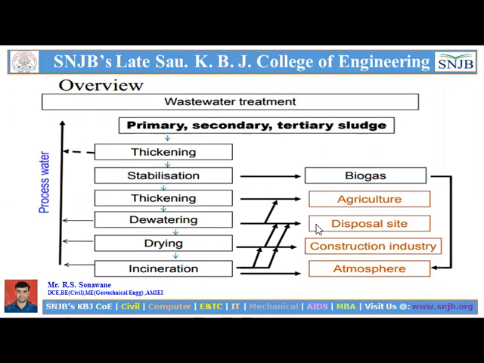The sludge treatment procedure consists of thickening, stabilization, dewatering, then drying, and incineration. Stabilization gives biogas, and thickening relates to agriculture. At the bottom, incineration relates to the atmosphere, and the output goes to construction industries, related to drying and the disposal side. This is an overview of the sludge treatment process.